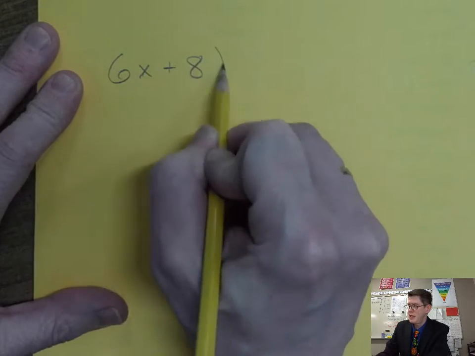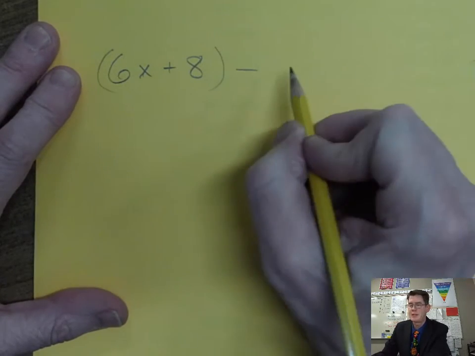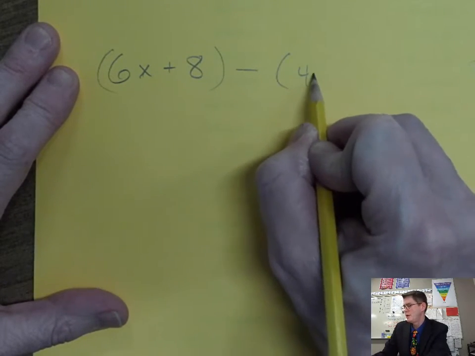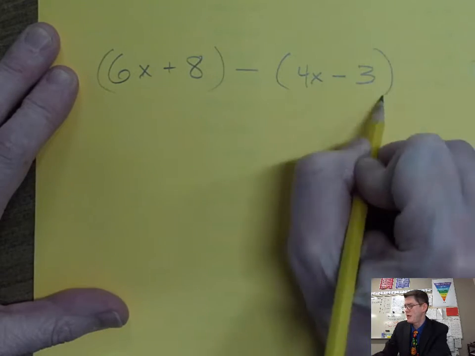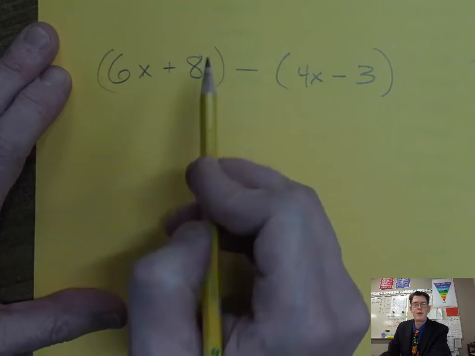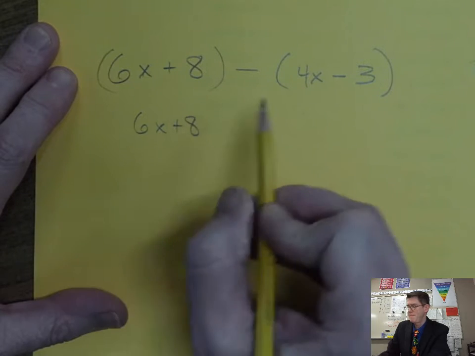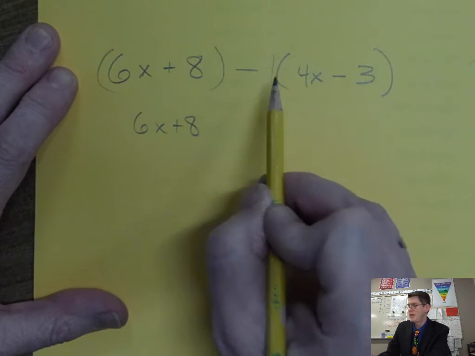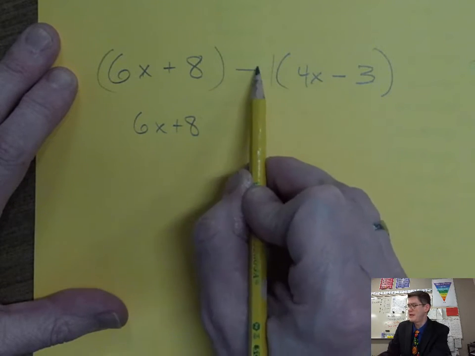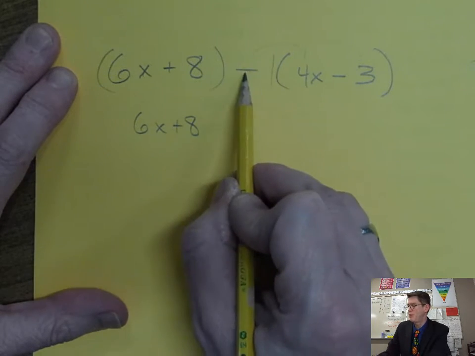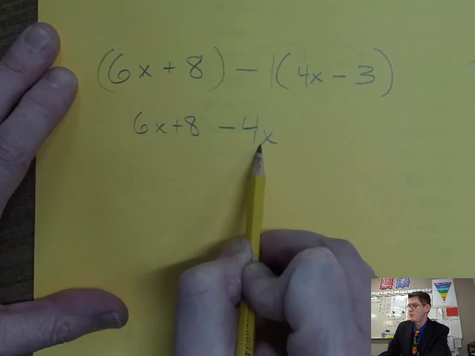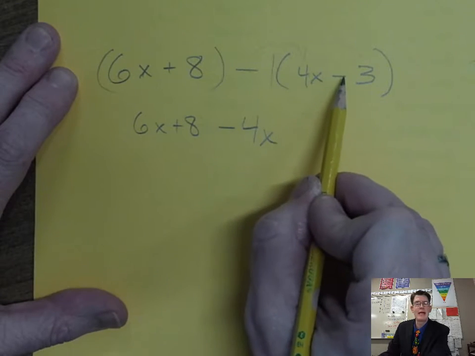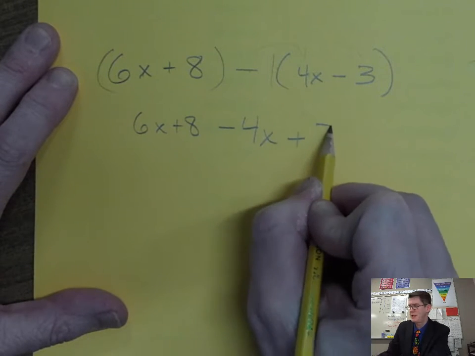So if I've got 6x plus 8, that's one expression, minus let's say 4x minus 3. We start with this amount, 6x plus 8, and then we subtract off each one of these. That minus, that negative 1, gets applied to both of them. Negative 1 times 4x, and this negative times a negative makes it a positive 3.